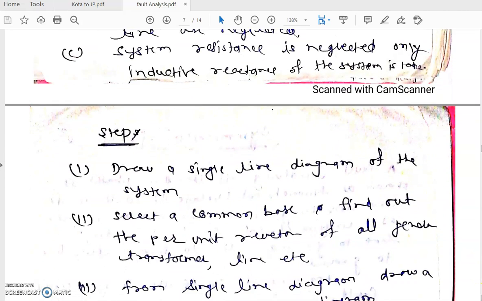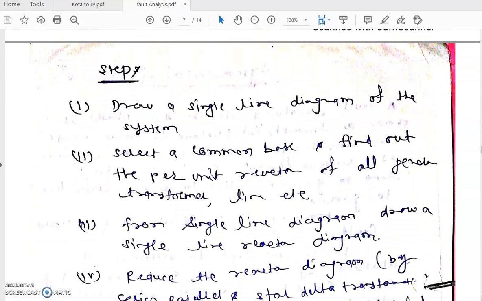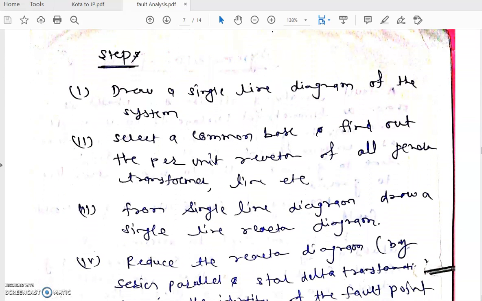So what are the steps to calculate the fault current? Suppose a numerical problem is given to you. It may be in a language form in which we say that a generator is connected to a transmission line connected to P1, P2, and so on. So a numerical can be in language form. First step, draw a single line diagram of the system.